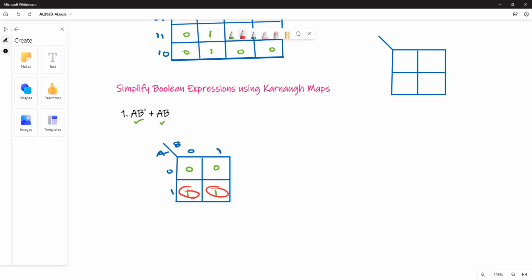So the first one is we group ones. But remember, it's better to have a larger group possible. So that means the largest possible group that we can have here is we can circle these two together. Right? We made this group.